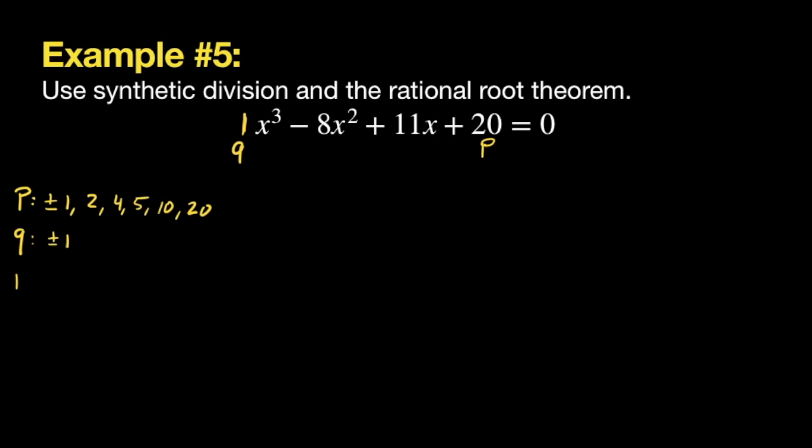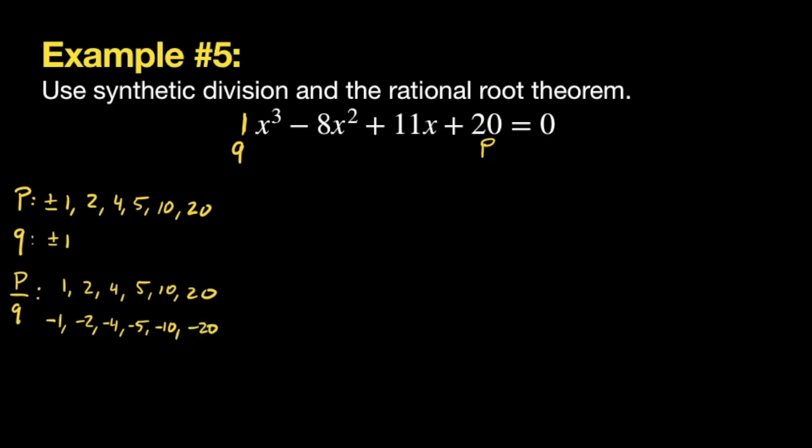So when we do P over Q, the numbers that we can get are positive 1, 2, 4, 5, 10, and 20, but also the negatives: negative 1, negative 2, negative 4, negative 5, negative 10, and negative 20.